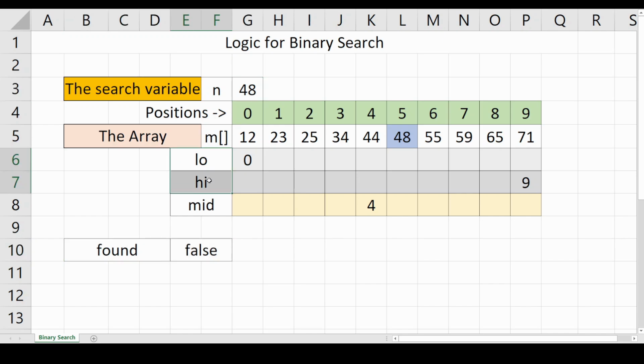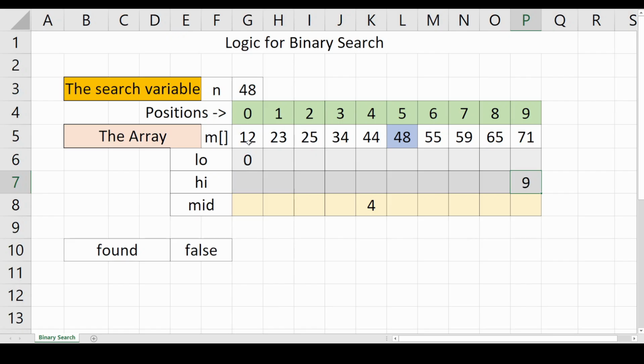Low will always contain the position of the lower part of the array where I am going to start the search from.